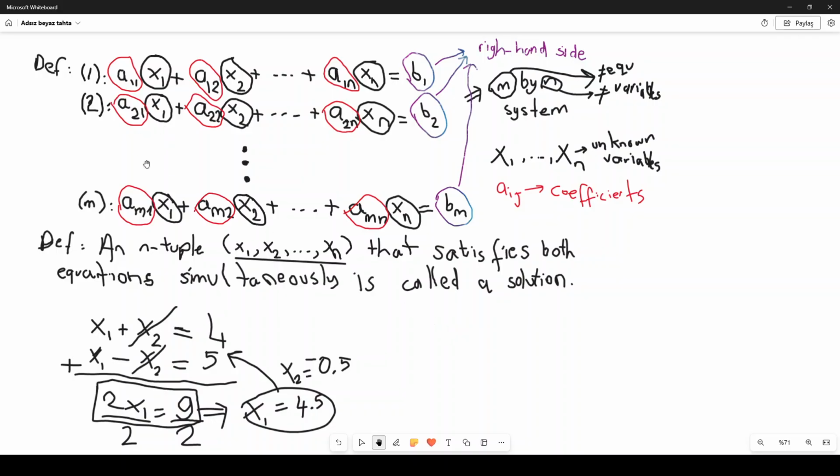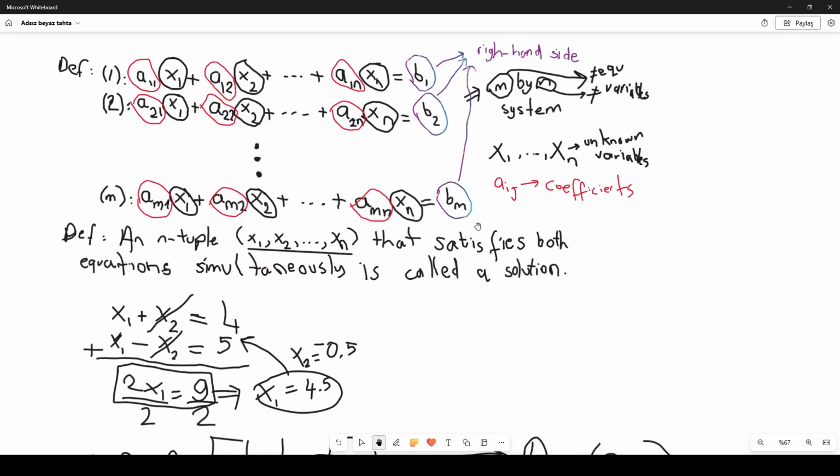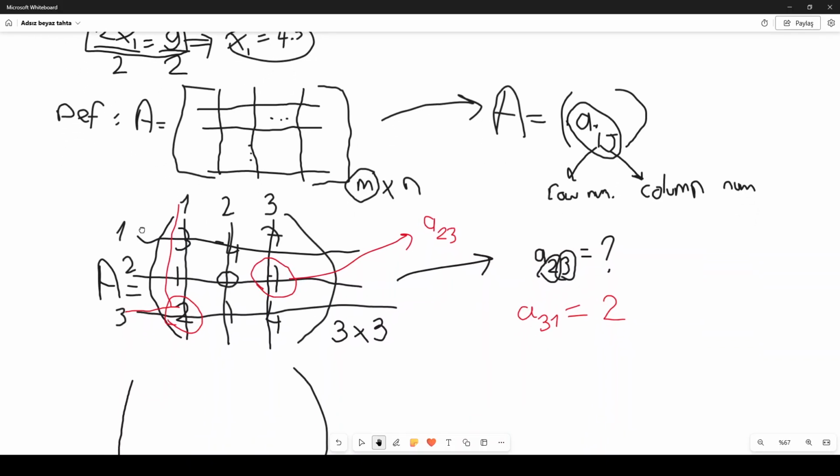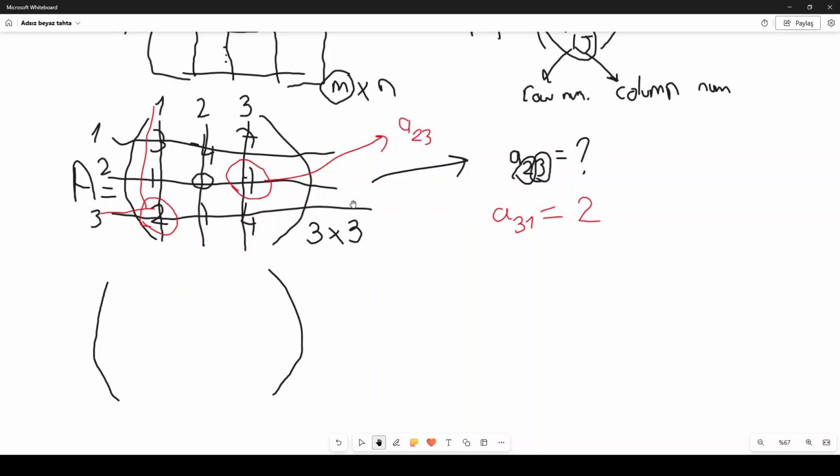Okay, but I used a more arranged system of coefficients, a11, and if you notice, we also define the index values in the same manner. What I mean is this: for instance, what are the values of the first row? Only the first row. If I want to write only the first row, the elements on the first row are a11, a12, and a13.